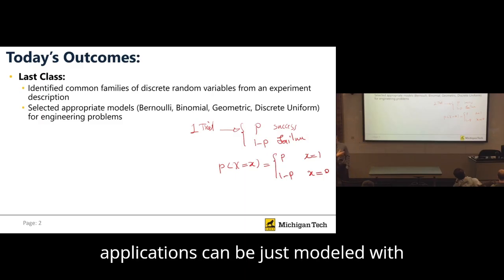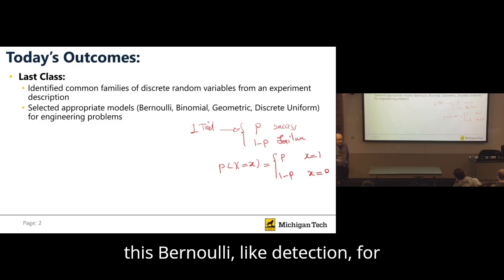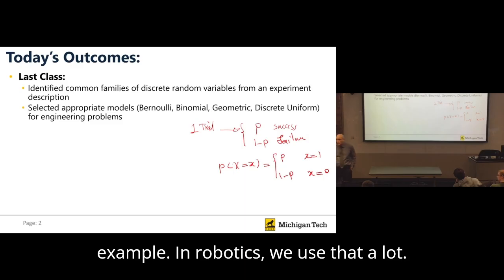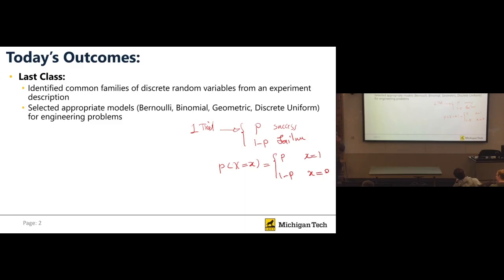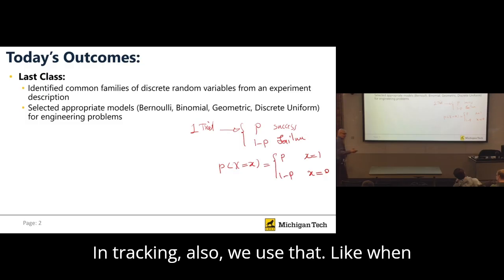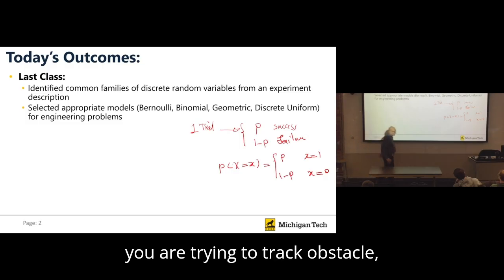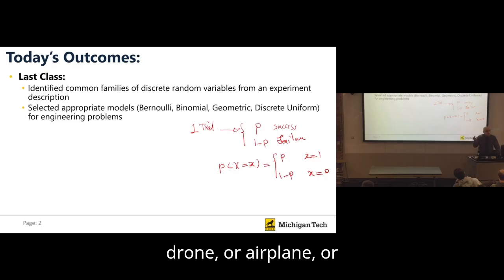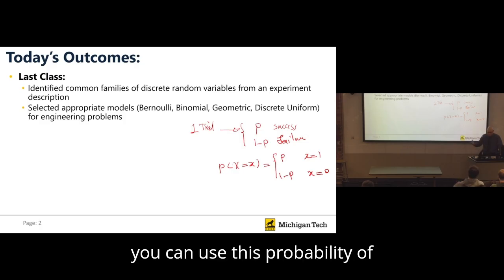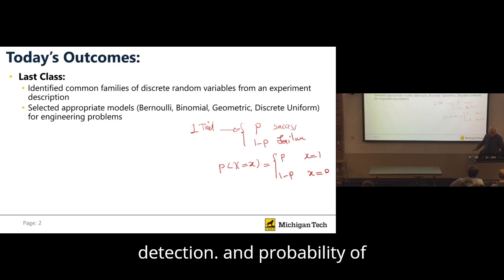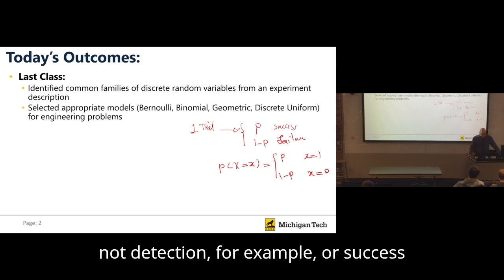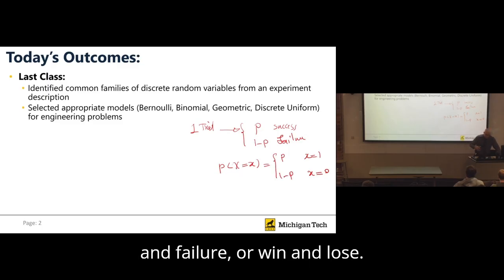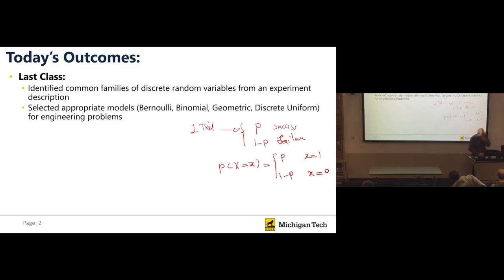But so many applications can be modeled with this Bernoulli, like detection, for example. In robotics, we use that a lot. In tracking, we also use that. When you are trying to track objects, for example, a drone, or airplane, or a robot, you can use this probability of detection and probability of not detection, or success and failure, or win and lose.